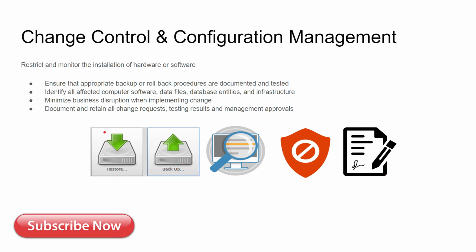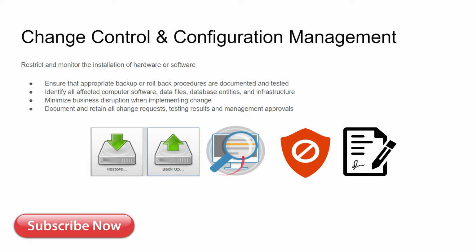So the key takeaway from this is to make sure you have a proper restore and backup system. Make sure you identify all the affected computers which have installed unapproved software, or maybe adware, or anything which is not as per our security policies.